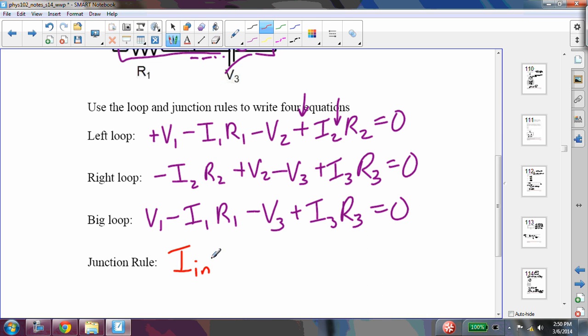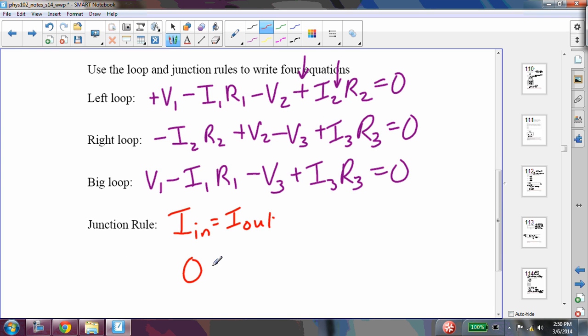So I in equals I out means 0 equals I1 plus I2 plus I3. Obviously, this doesn't make any physical sense, because there's no current unless I1, I2, and I3 are all 0, which they're likely not.